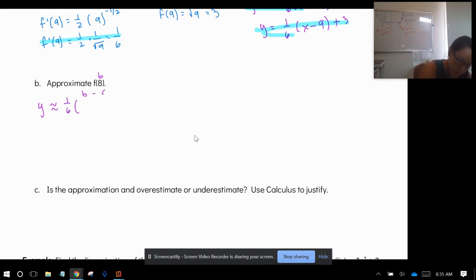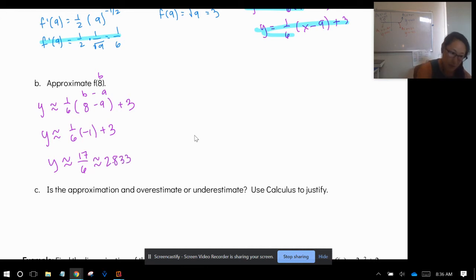So 8 minus 9 plus 3. So y is about equal to 1/6 times negative 1. Yes, 8 is 1 unit away from 9, plus 3. So I get y is about equal to 17 over 6, which is about equal to 2.833.